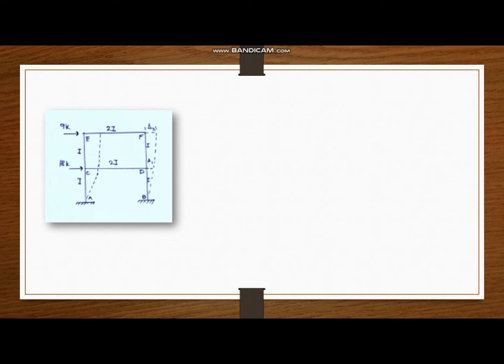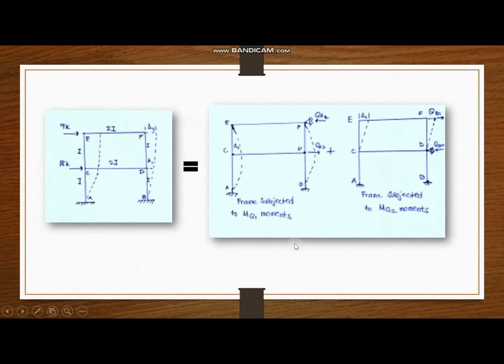This is our actual distribution method. This is our delta 1 and delta 2 equals these two figures. If we add these, this is the result. The load of the first figure is at the top, our frame subjected to Q1 moments. Plus, on the other side the load is at the bottom, which is the frame subjected to Q2 moments.